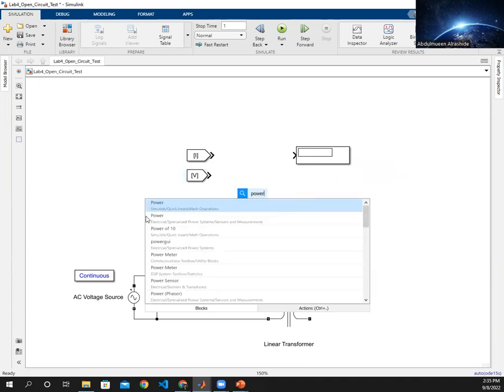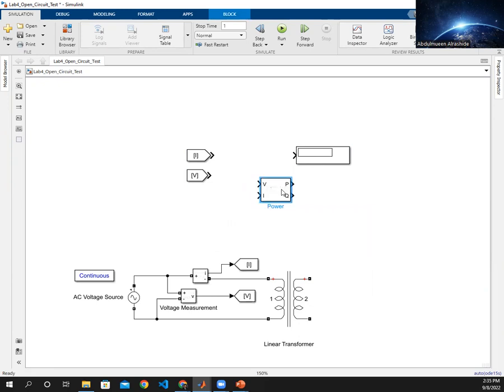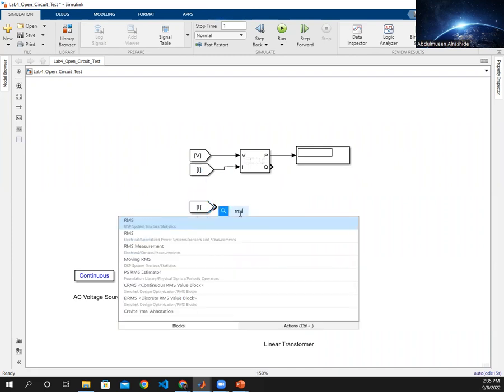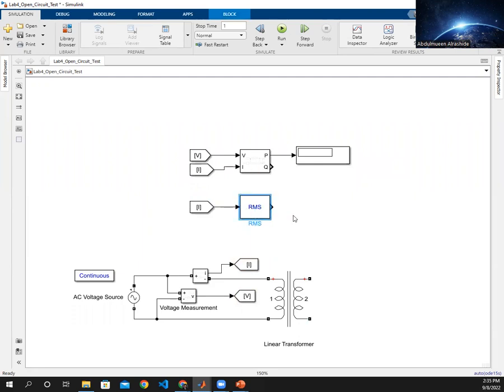I'm going to say power, electrical specialized power sensor and sensor measurement system, and this. And run it. You should get something.